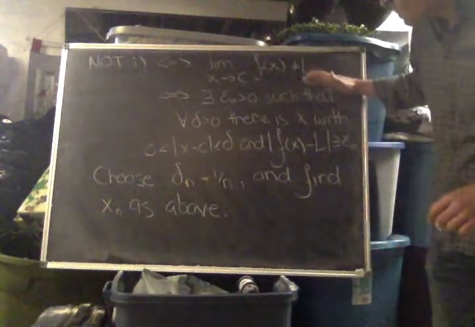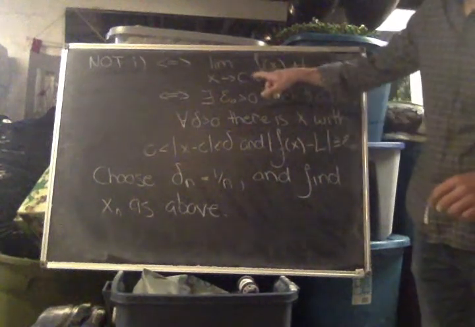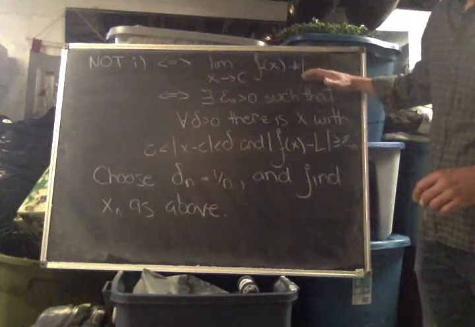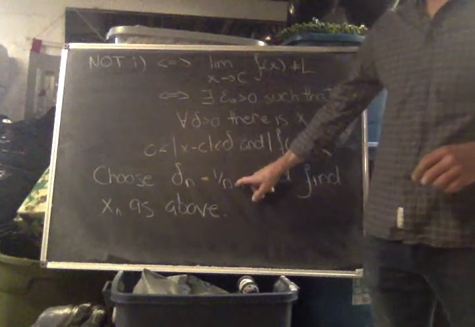What do I mean by that? I mean, in this statement here, which is the logical statement that the limit as x approaches c of f of x is not equal to L, I want you to take, for your delta, the quantity 1 over n.